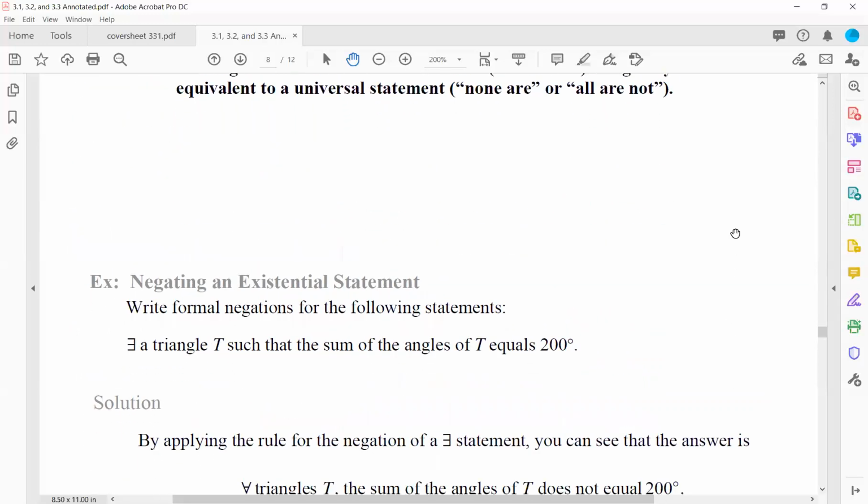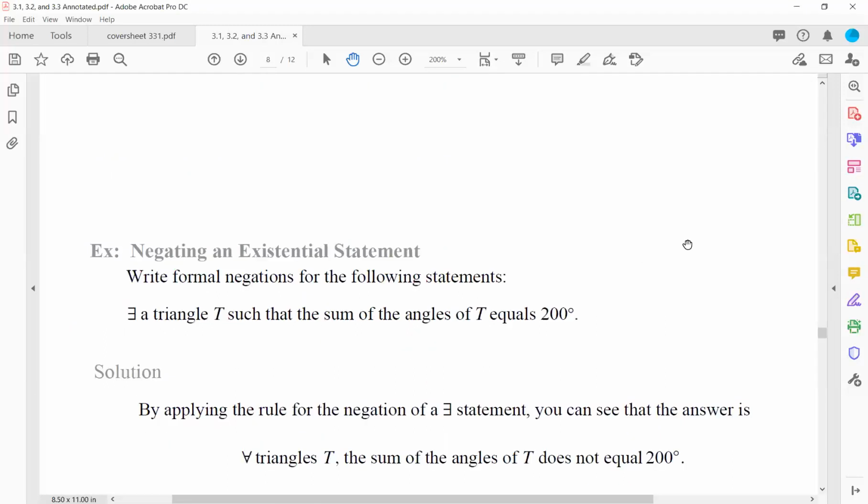Very well. One example. It says there is a triangle like T such that the sum of the angles of T equals 200 degrees. Our goal is to negate this existential statement.